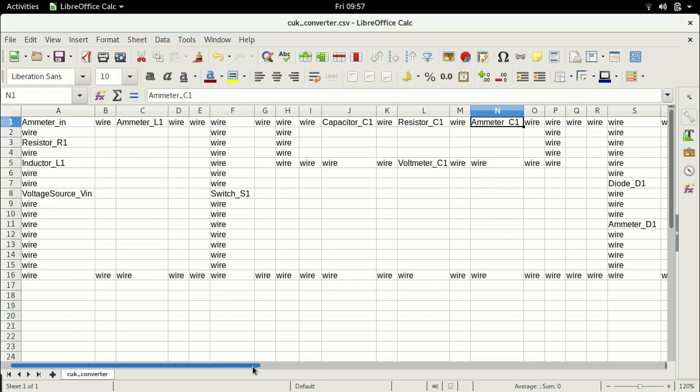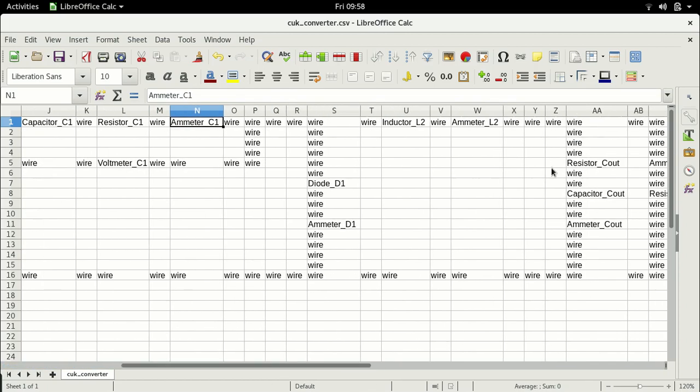Now, as I said, in this converter, when the switch is on, the input will charge the inductor through the switch. At the same time, the capacitor is going to discharge through the switch in the anti-clockwise direction, and will charge the output and the inductor. So this is how it works.